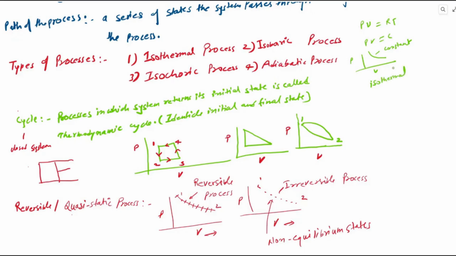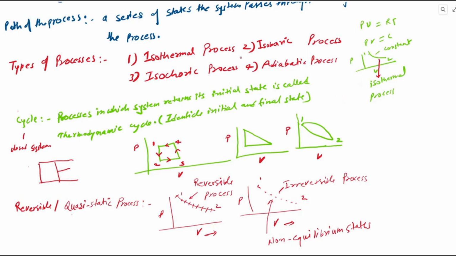Here 1 to 2 is an isothermal process because the temperature during this process is constant.